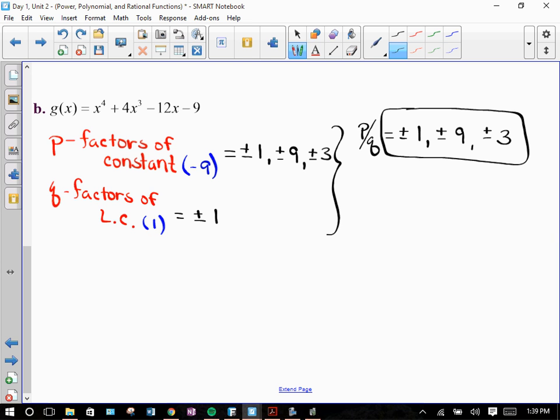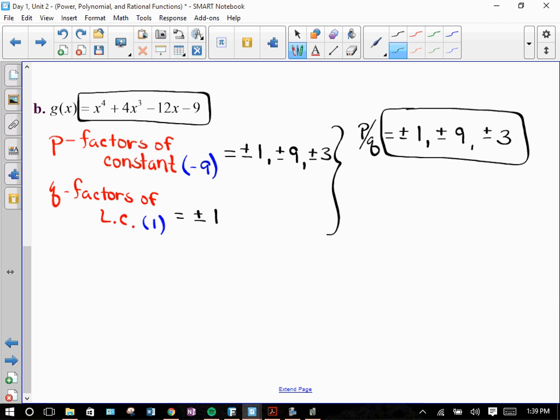It is saying if this function has any rational zeros, it has to be one of these. Any zeros that are not one of these means it's not rational. Make sense? So this function, the only rational zeros it could have are these.